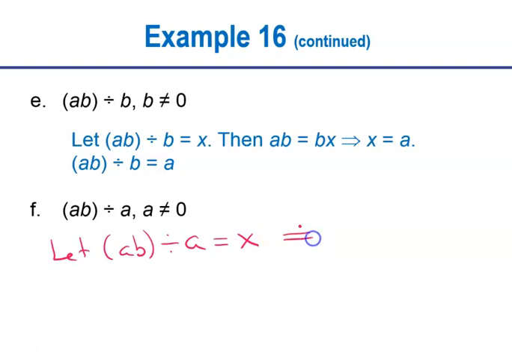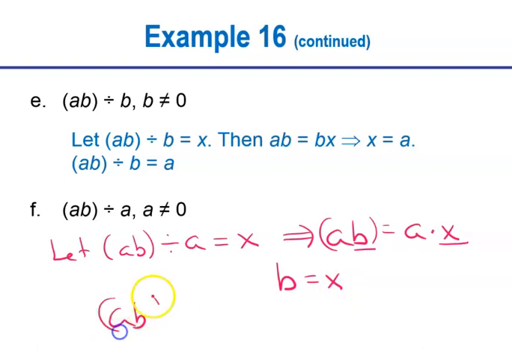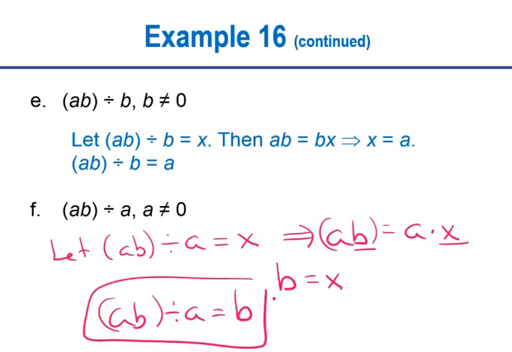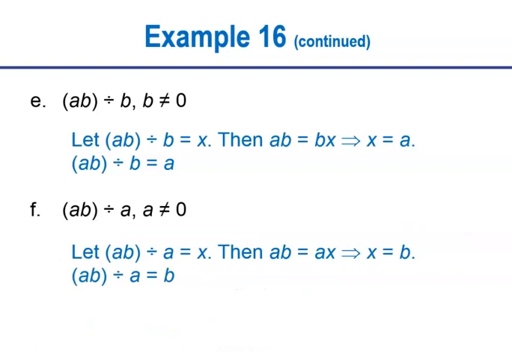That implies that AB is equal to A times X. Now notice there's already an A on both sides. Doesn't that mean that B must equal X? And it does. And so I could say that AB divided by A is equal to B. And that's my result. And you will see it typed up right there.